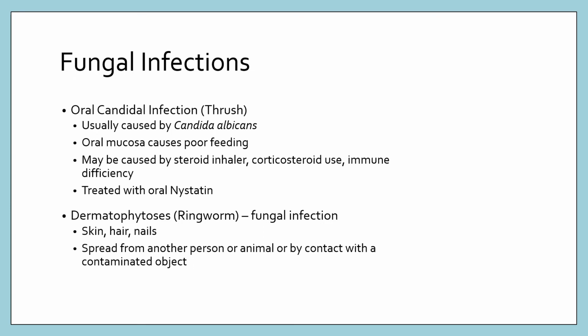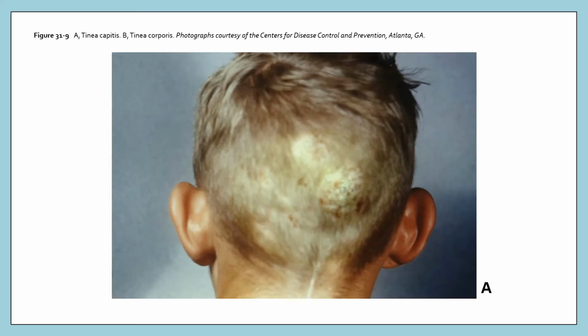Ringworm is actually not a worm, it's a fungal infection, and that can be found in the skin, hair, nails. It does look like a worm because of its circular appearance, and this is spread by person to person contact or contact with a contaminated object. For example, sandboxes that kids play in outside, where an animal had a bowel movement in that sandbox, and that can be the cause.